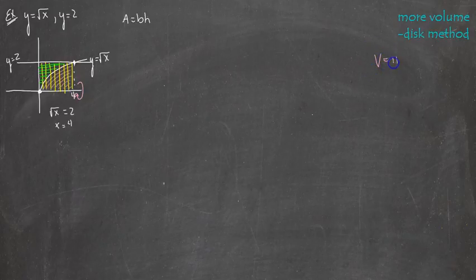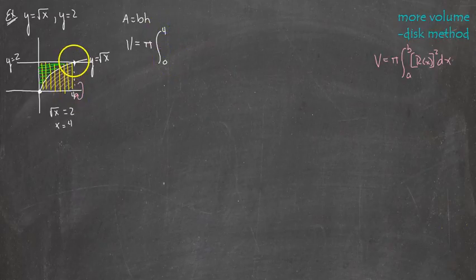Volume equals pi times the integral from a to b of the radius function squared dx. So this particular volume then is pi times the integral from 0 to 4.